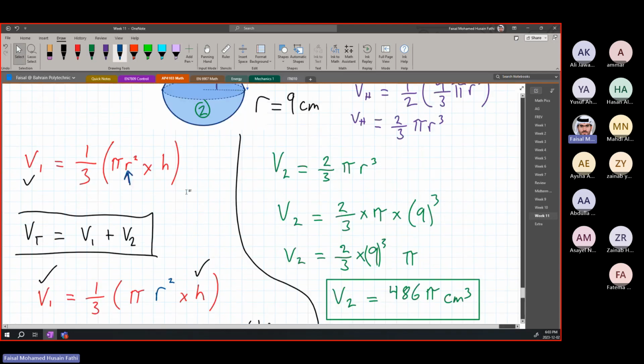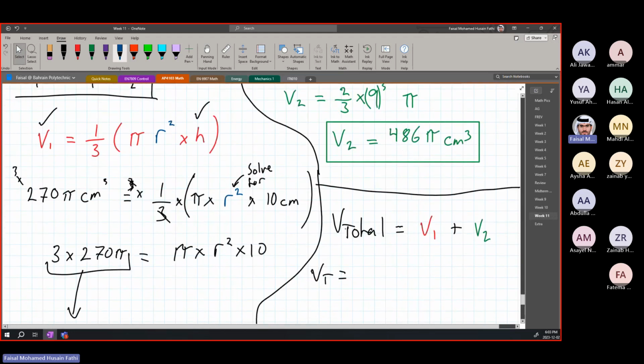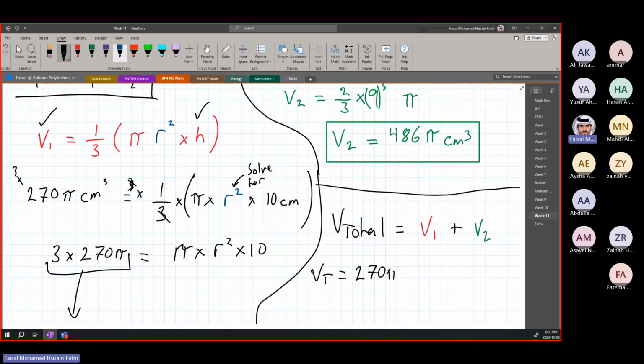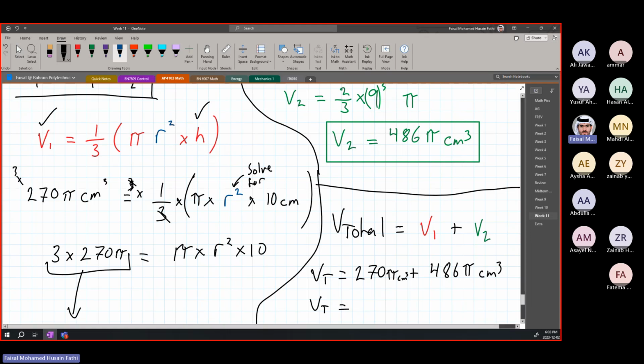V1 is 270 pi, which is given in the question, plus V2, which is 486 pi. Okay, V total, centimeters cubed as well. V total is simply going to be 270 plus 486, 756 pi centimeters cubed.